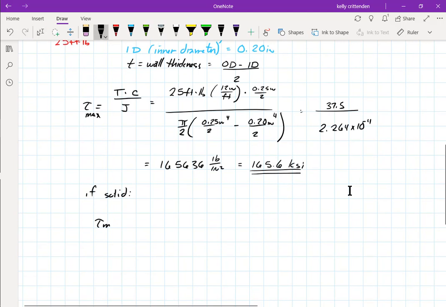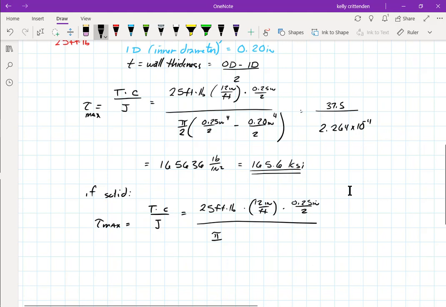So tau max equals T times C over J. The thing that changes, we still have to carry the 25 foot-pounds, and we're still going to convert that into inch-pounds. C, we haven't changed the outer diameter, so it's still 0.25 inches over 2, but we did change the polar moment of inertia, because if it's solid, then b is 0, so pi over 2 times the outer radius to the fourth.